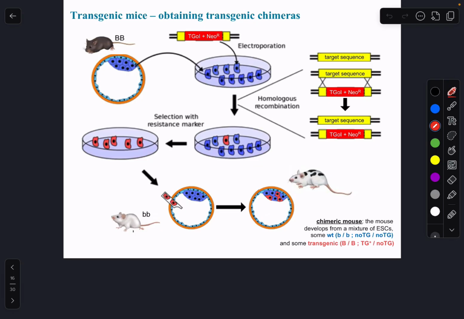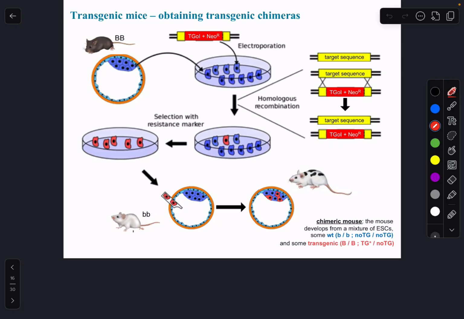Did that make sense? Yeah? So within this early embryo, you have a mixture of stem cells, some of which carry the transgene and come from a black mouse, most of which do not carry the transgene and are from a white mouse.